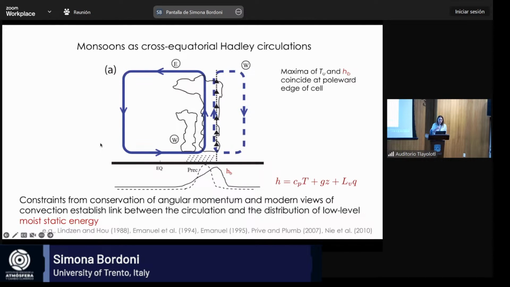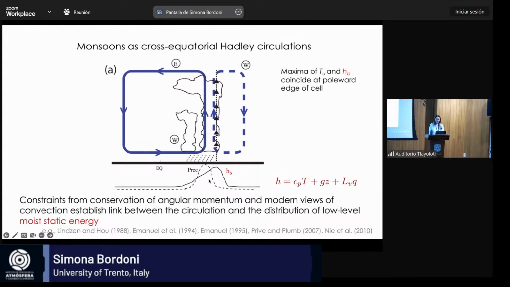Okay, really here I summarized, in a discussion of 5 to 10 minutes, work that has been done basically over 20 years. I hope that, again, it was clear. But the thing that I want to emphasize is that we have theories that allow us to link important aspects of these cross-equatorial cells to the distribution of moist static energy in the boundary layer.